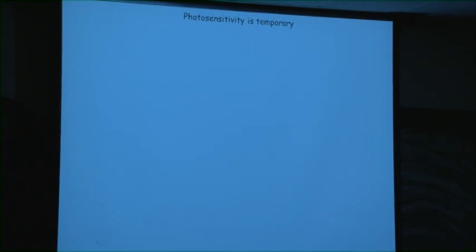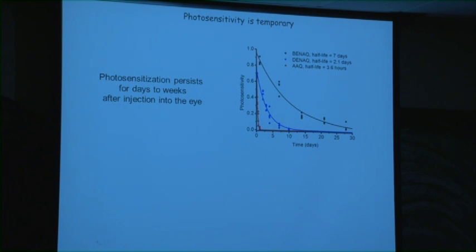So I mentioned that these compounds are drugs, essentially, so they will be metabolized. They'll wear off over time. But fortunately, and we don't exactly know why, DNAC lasts a lot longer than AAQ. So the red trace here is the decay of the AAQ effect in the eye, measured from different retinas extracted from mice.